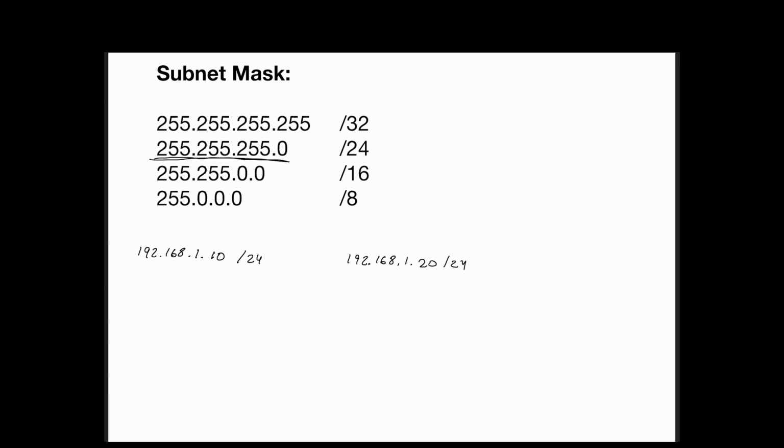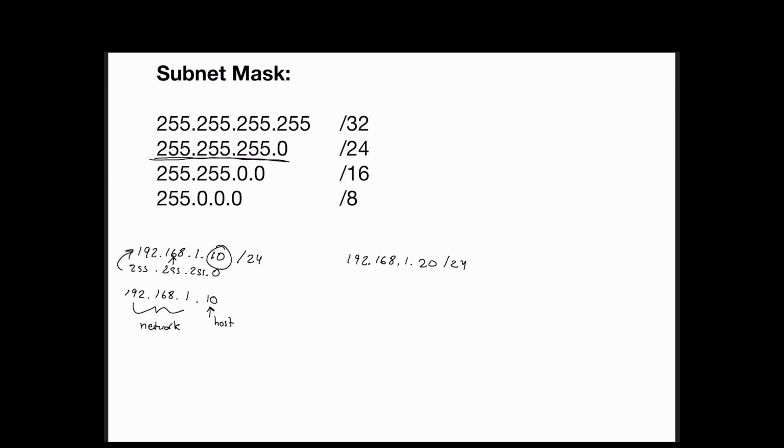So I would just put this underneath here, 255.255.255.0. So wherever I say 255, that's network. Same thing over here, 168.1. So these three are part of the network address. And then wherever you see a 0, that means that this portion is part of the host. So this 10 right here, this is the host portion.